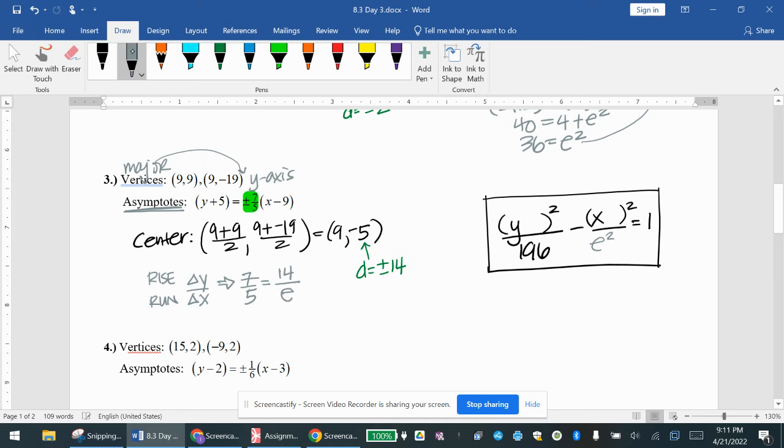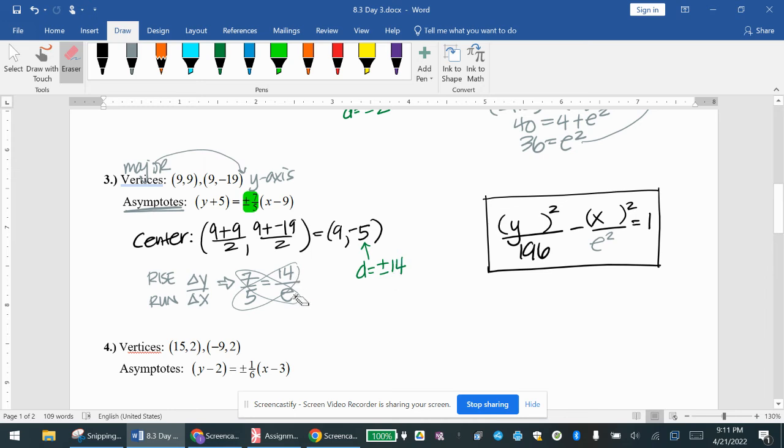Okay, so we already know the answer is 7/5, but we have to kind of solve this proportion. So you can cross multiply to figure this out. Okay, so again, they told me that the slope was rise over run, y over x, change in y over change of x is 7/5. Okay, but in our actual problem, the change in y that we observed from this to these, right, was a difference of 14 units.